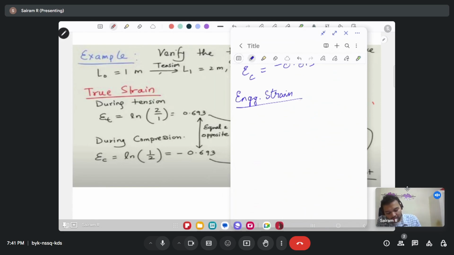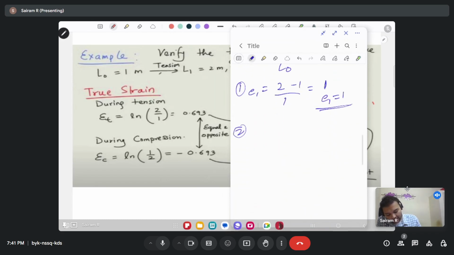So the engineering strain over here, E is given by Lf minus L naught by L naught. In the first case, E1 equals Lf is 2 meters minus 1 meter by 1 meter, which gives 1. So E1 equals 1. What about the second case?